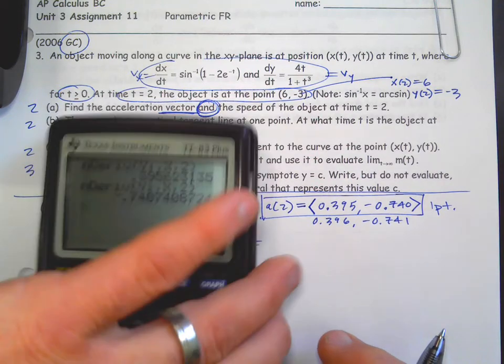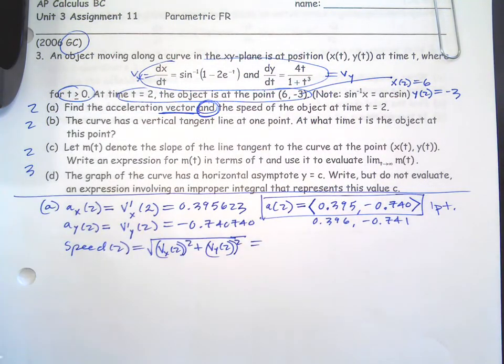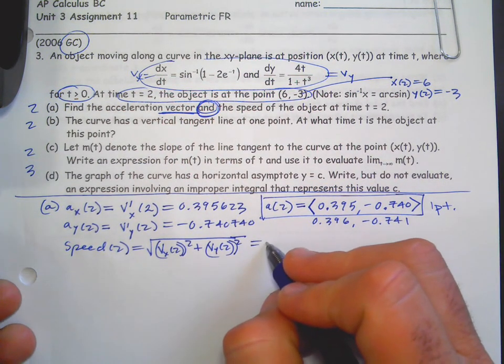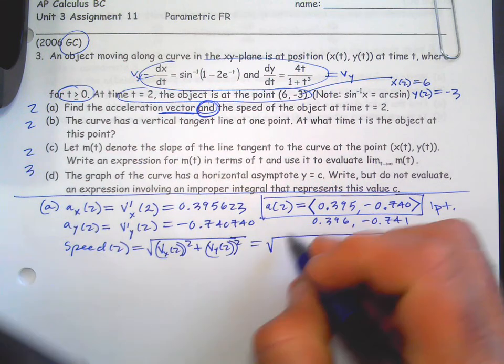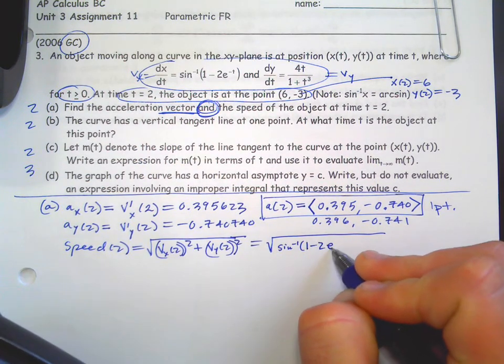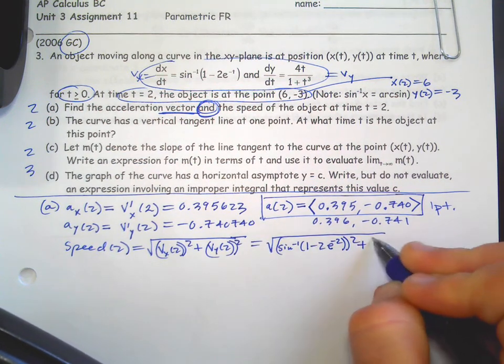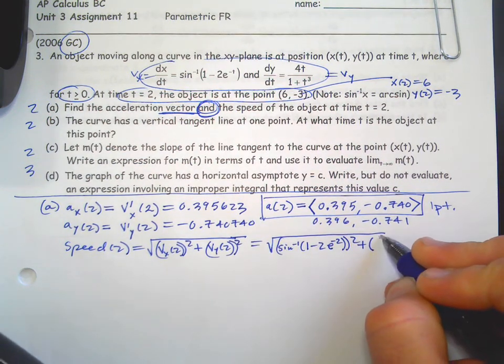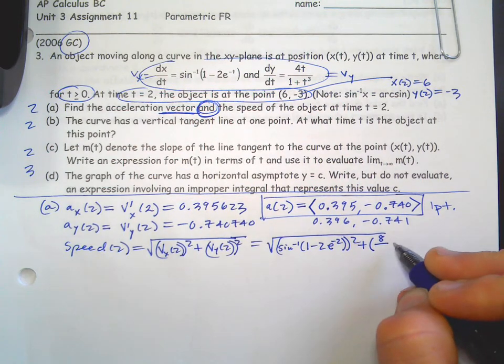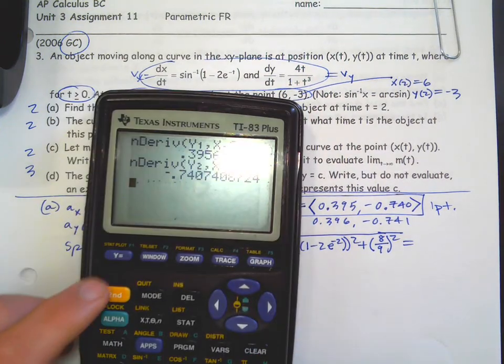We could look up what those values are, or we could plug them all in. We could say inverse sine of 1 minus 2e to the negative 2, squared, plus 4 times 2 is 8 over 9, squared, square root.